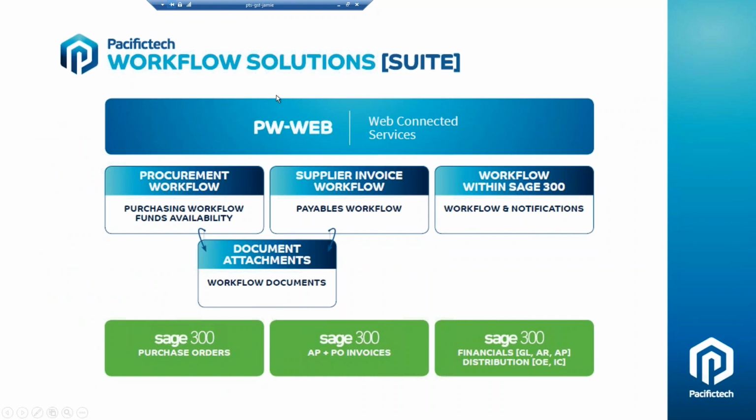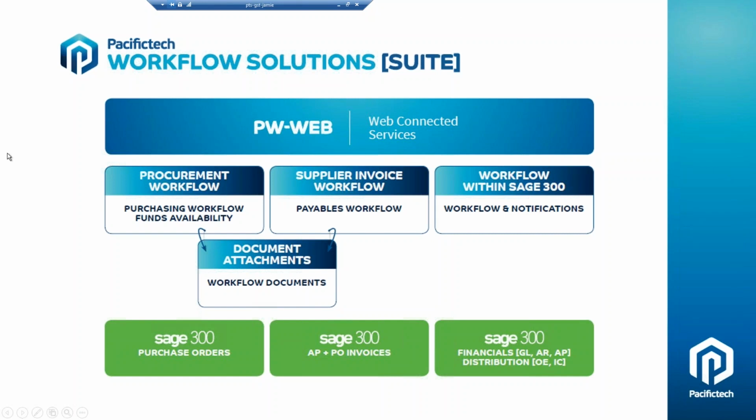Okay, so we've got a few PowerPoint slides just to illustrate how our solutions work, because we think that's important to cover off, and then we'll have a quick look at a demo of the software after that. This diagram is showing the different workflow solutions that we've got.